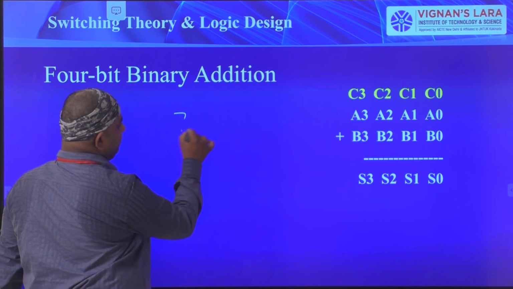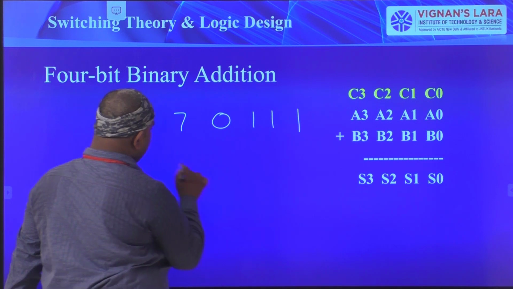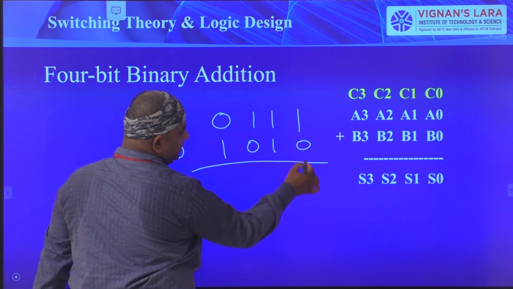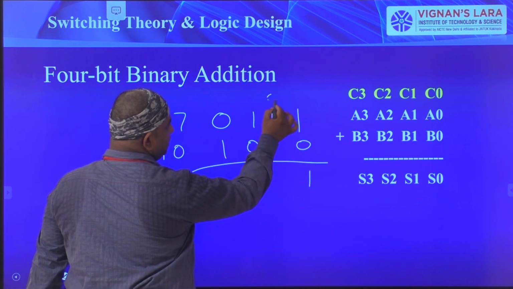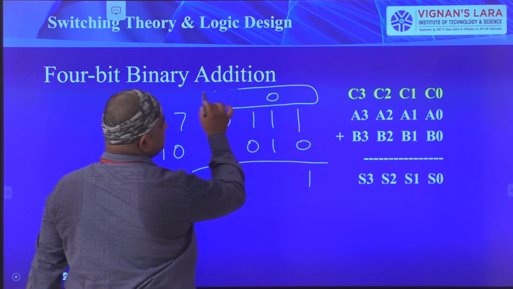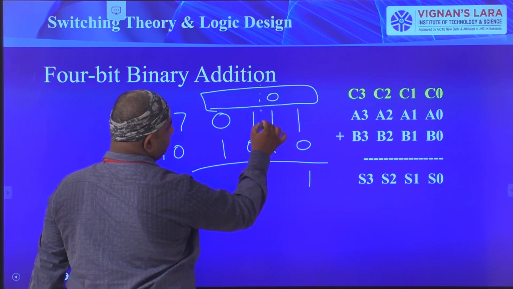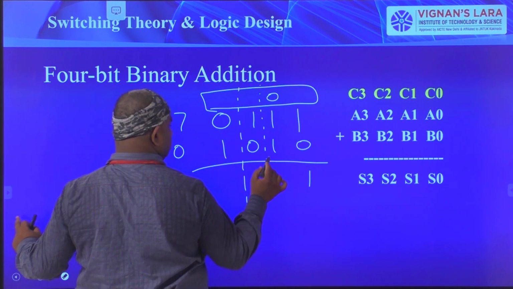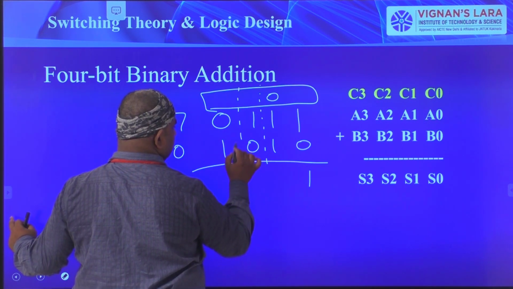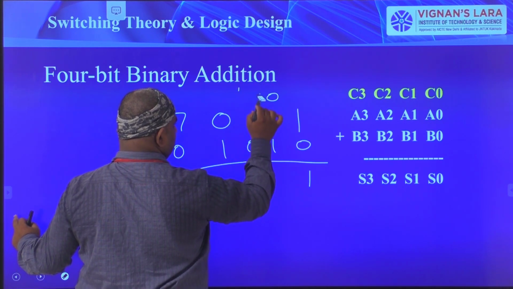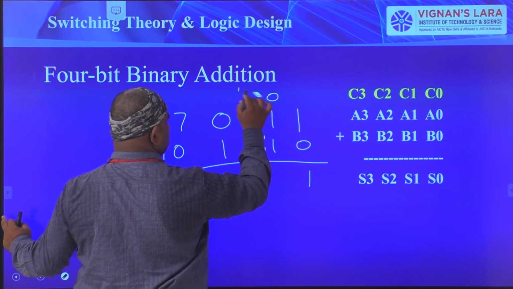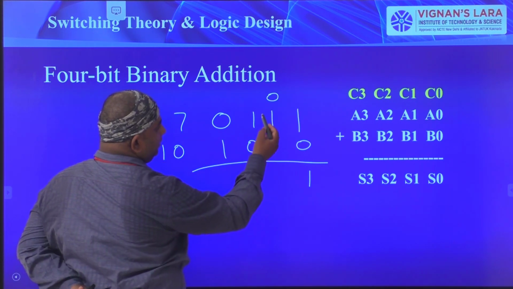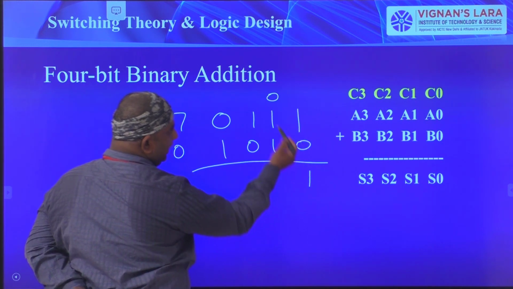So see here, 7 equivalent value 0111, and for 10 equivalent value 1010. 1 plus 0 is 1, and carry is equal to 0.